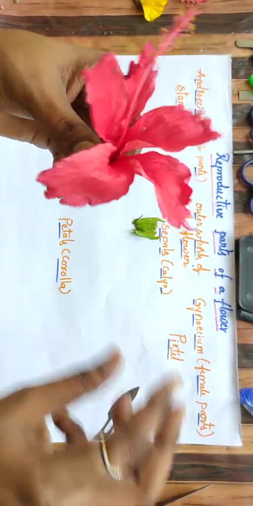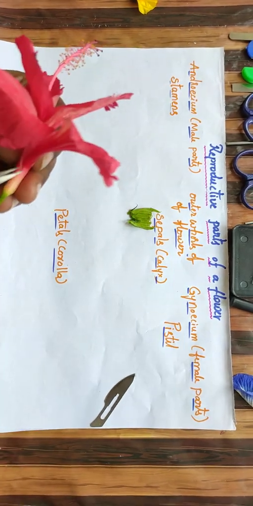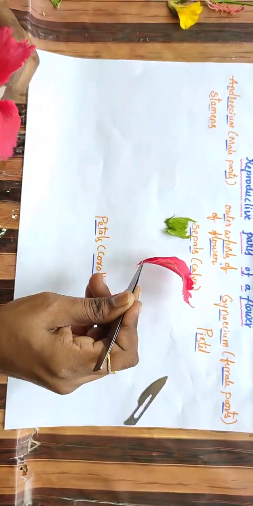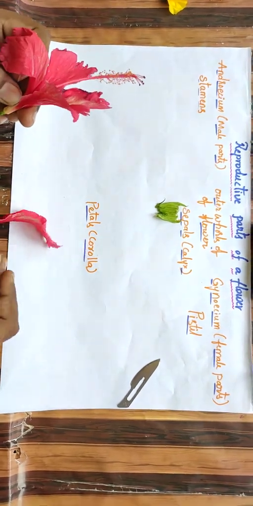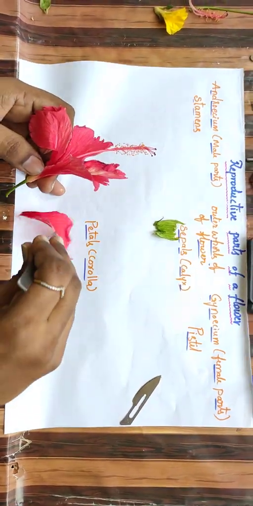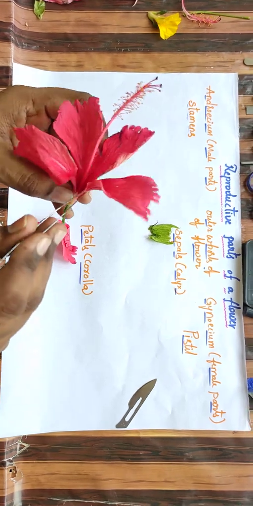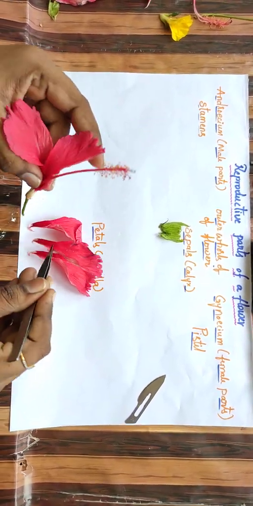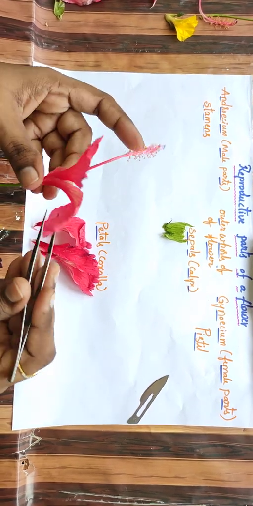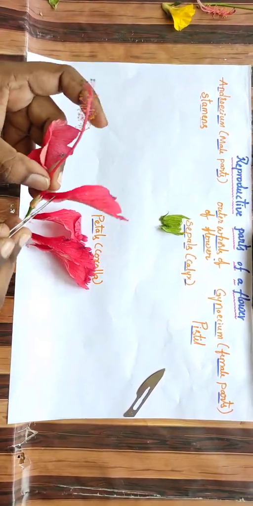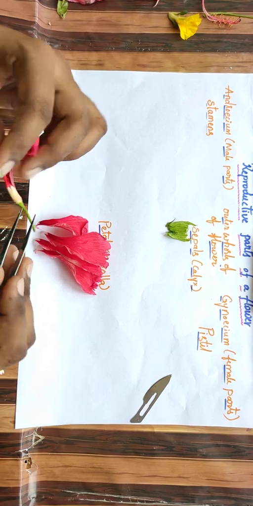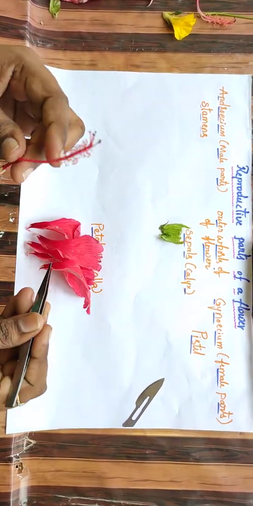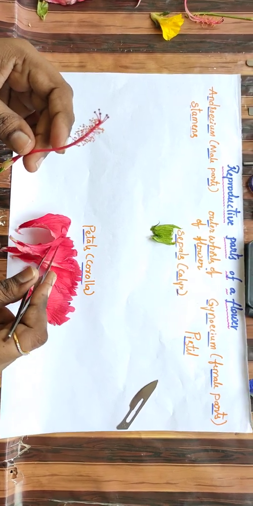Now, petals. Very easy to take out the petals. Here only I am keeping the petals. So, petals I am placing here. There are 5 petals for the hibiscus. They are smoother than the sepals.